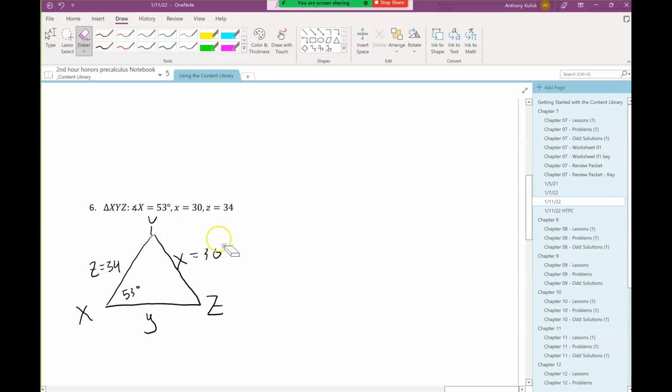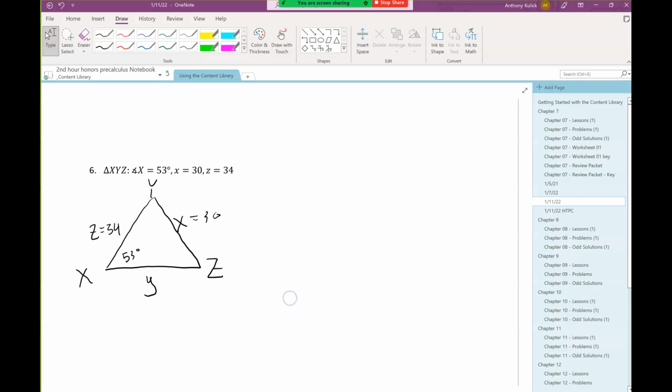Okay. First thing I need to do is identify the situation. This is side-side-angle.